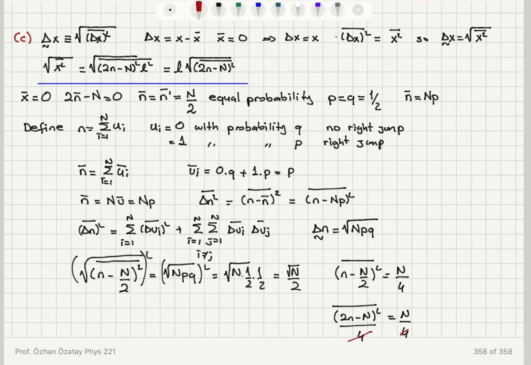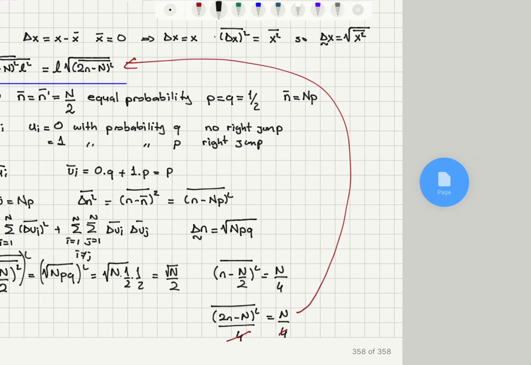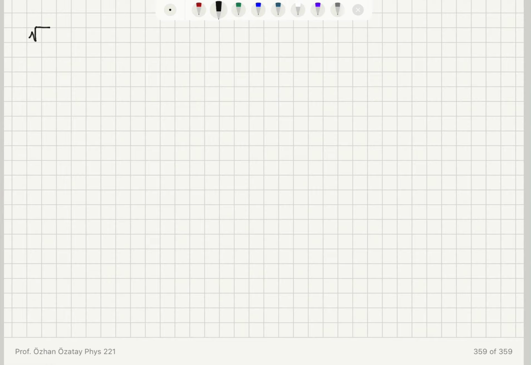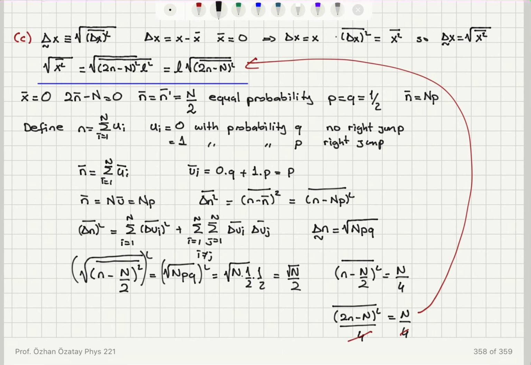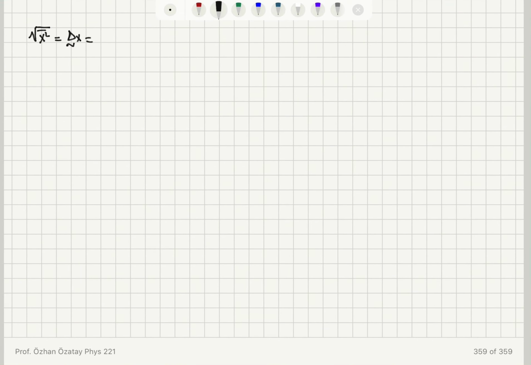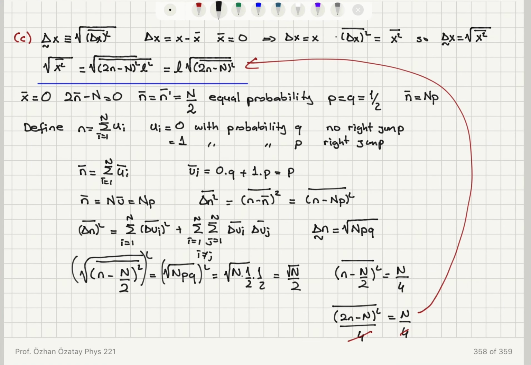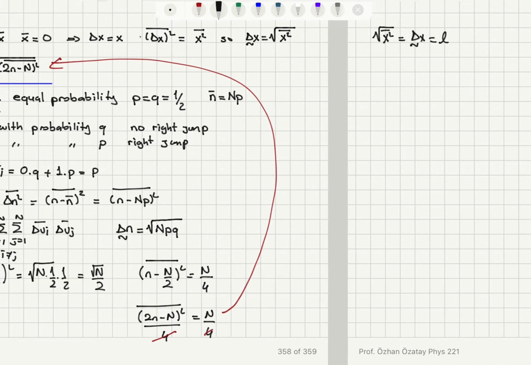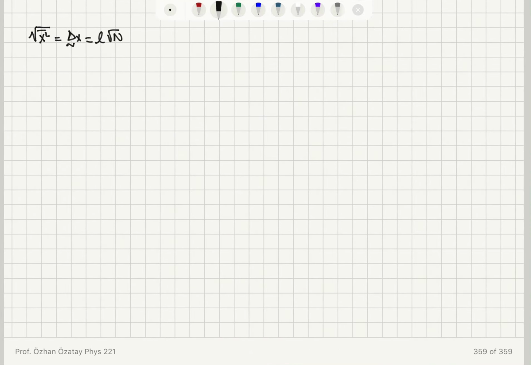So 2n minus N square bar is equal to N. So substituting this to what we are trying to calculate here, we find that square root of x square bar, which is delta x tilde, is L times square root of 2n minus N square bar, which is square root of N. So delta x tilde is L times square root t divided by tau.